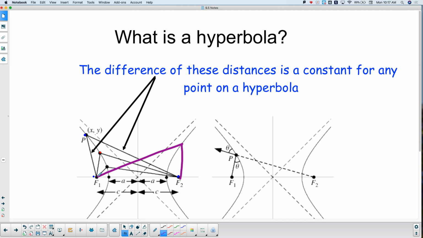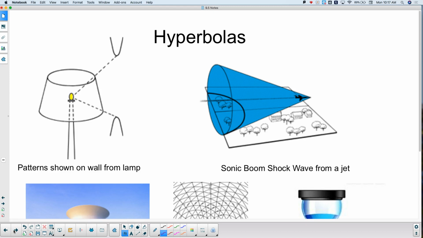Okay? Where can we see hyperbolas in real life? You don't really see very much of them. Okay? I don't have a lot of examples of where you see them, because some of them you don't even really see at all. Okay? Like, for instance, the one that you can see is if you ever clicked on a lamp in a dark room, and then that got a nice lampshade on it. Okay, you get kind of a parabola above on the wall.